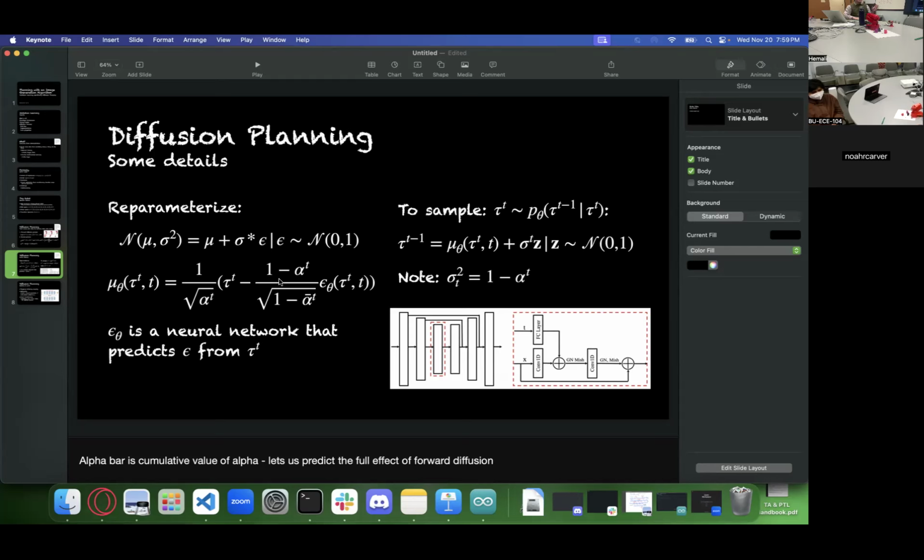I'm hand waving this away, but this is actually a pretty neat trick. It means that we don't need to learn the mean. We can guess it. All we have to learn is the error at our current noisy trajectory.